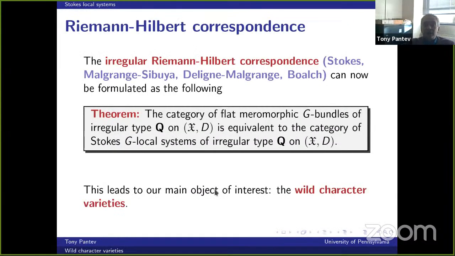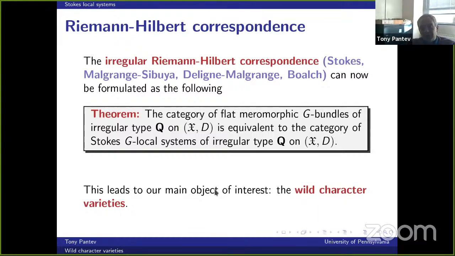And so the irregular Riemann-Hilbert correspondence, which really goes back to the work of Stokes and then was reformulated in modern language by Malgrange and Sibuya, and by Deligne and Malgrange, and ultimately by Babbitt-Boalch. This is the picture I'm describing now.